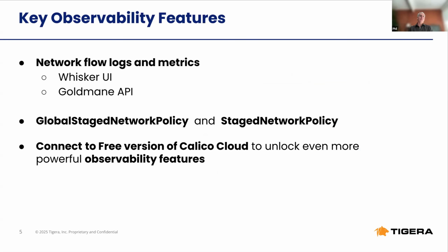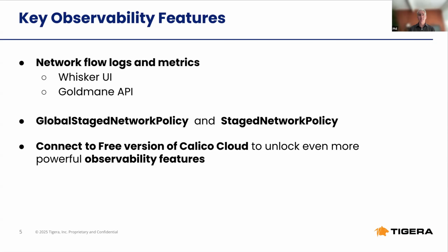Okay, so some of the key observability features. The first one is around network flow logs and metrics. This is something we've had on the commercial side for some time, and they've evolved just in terms of their format, all of the Kubernetes metadata that's included, how policies are being evaluated and some of the metrics associated with that. That's really served up by a new API that we call Goldmane.